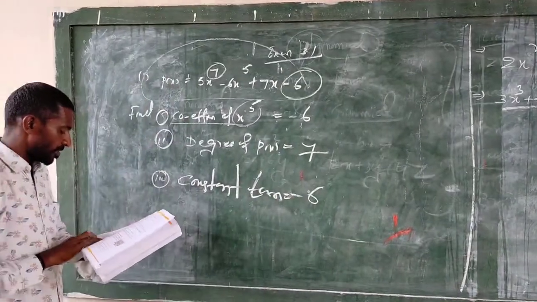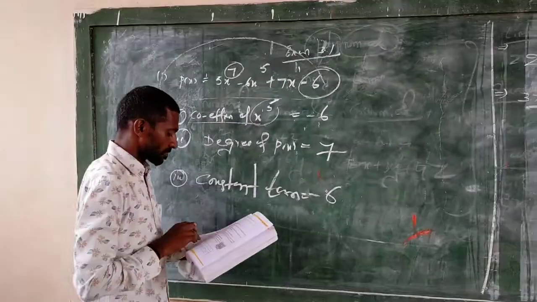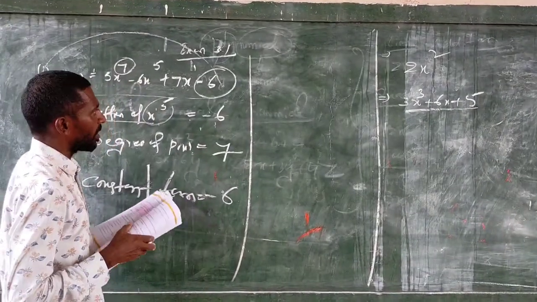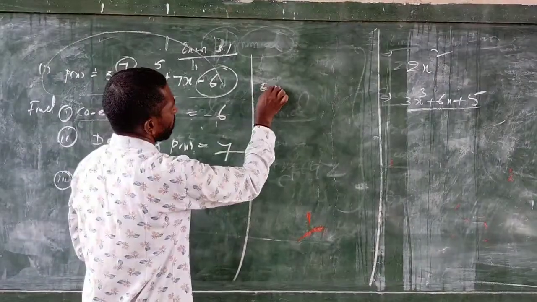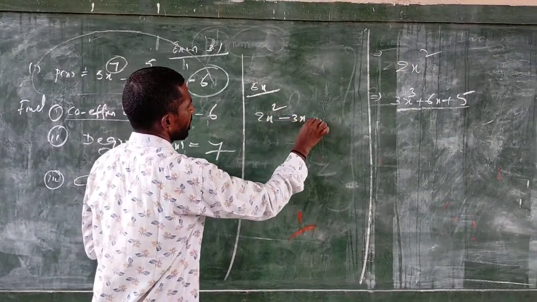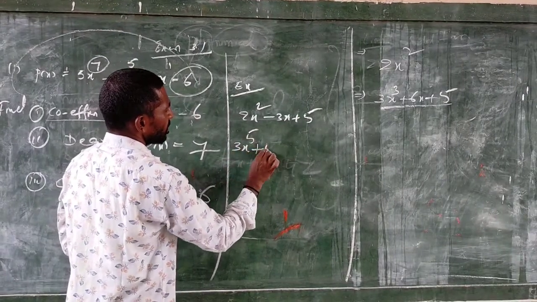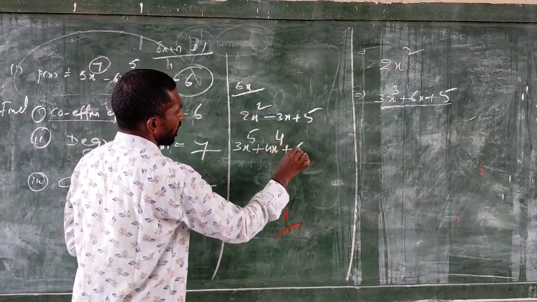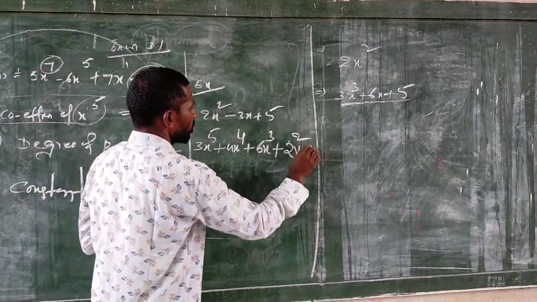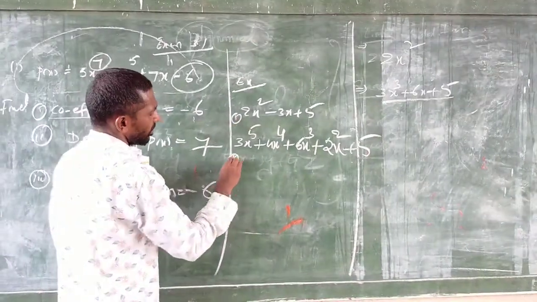And second one, write more polynomials and create 3 questions. Write 3 more polynomials. Given example: 2x square minus 3x plus 5, and 3x to the power of 5 plus 4x to the power of 4 plus 6x to the power of 3 plus 2x to the power of 2 plus 5. And next one, second one and third one.